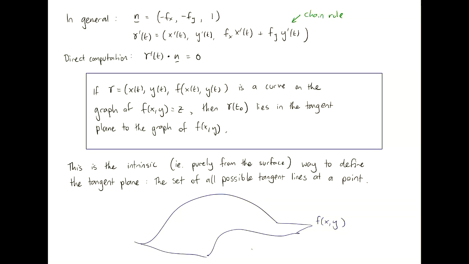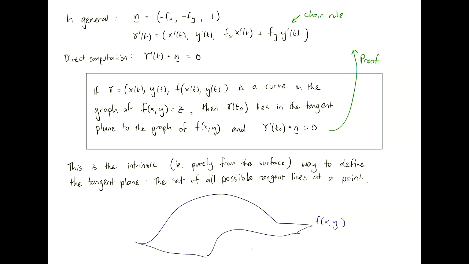Okay, so the point on the curve at t naught lies in the tangent plane, and the second half, because that just tells us where the tangent plane is embedded, gamma dash of t naught dotted with n is equal to 0. That is the definition of our tangent plane. And the proof is this.